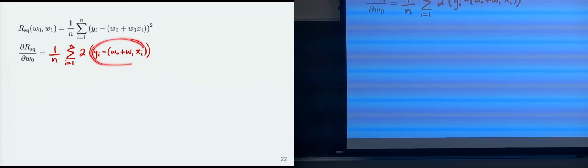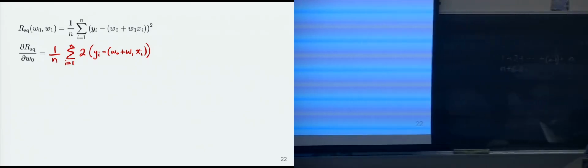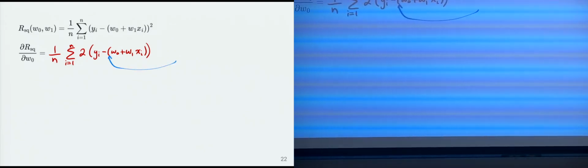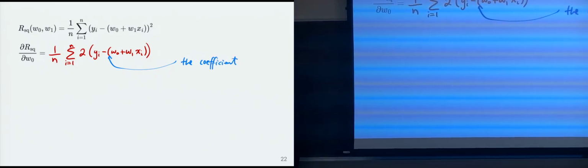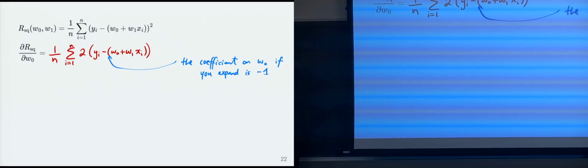And what is the derivative of this with respect to w naught? It's negative 1, right? The coefficient on w naught, if you expand, is negative 1. And so I multiply this by negative 1.